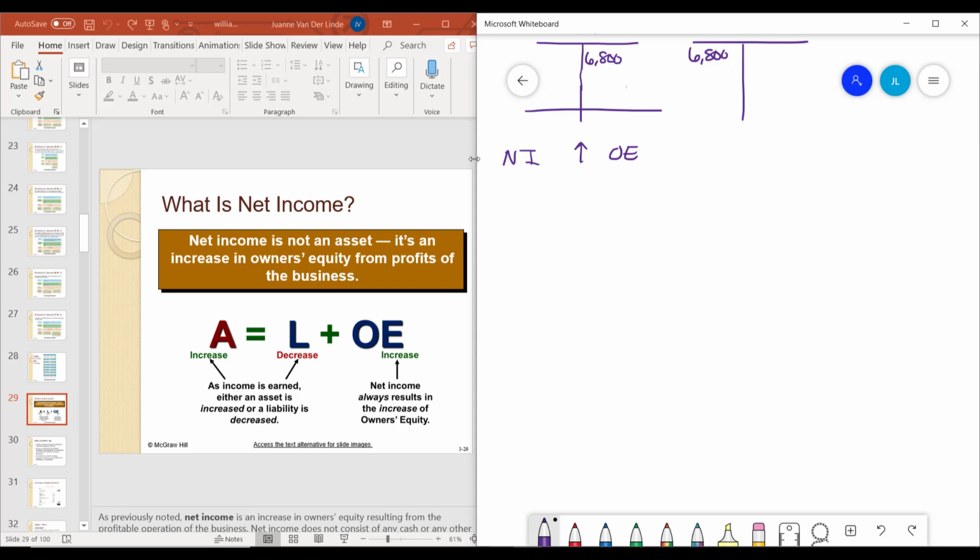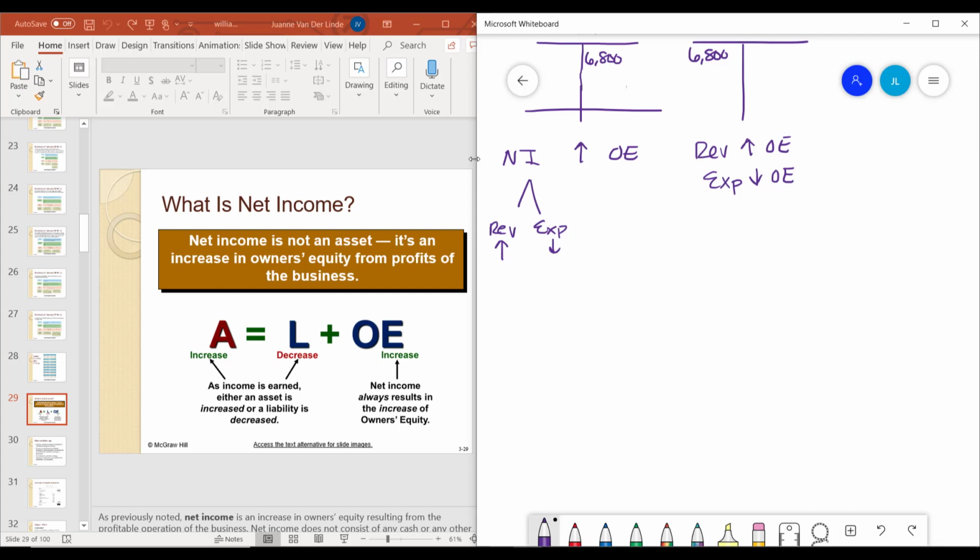And remember we talked about its components, right? Revenues increase net income. So if revenues increase net income, revenues also increase owner's equity. Expenses, however, they decrease net income. So if expenses decrease net income, expenses decrease owner's equity.